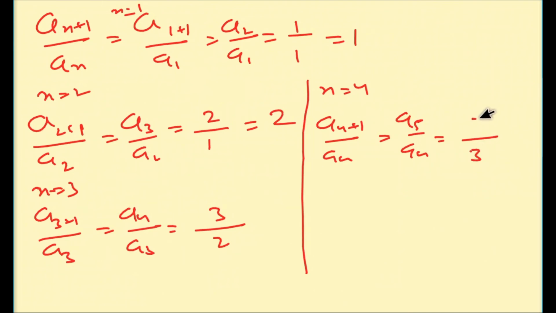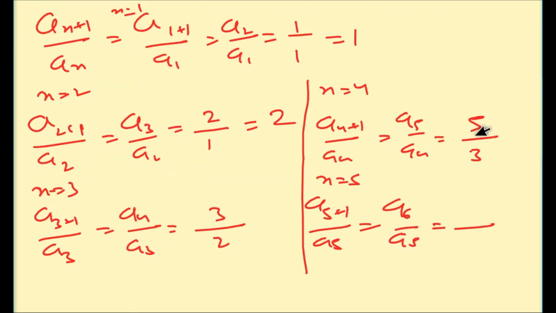Now for n equal to 5, a6 upon a5; a5 is 5 and a6 is 8. This way we get our answers for n equal to 1, 2, 3 and so on.